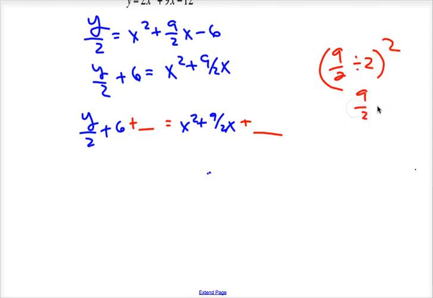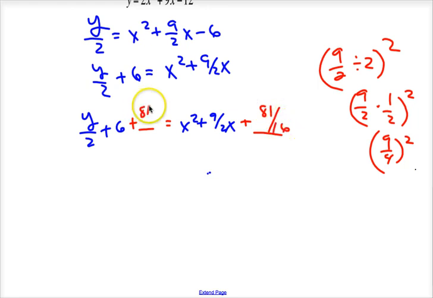That's 9 halves times a half, squared. So when you cut 9 halves in half, you get 9/4. Hope that makes sense. So I have a half, and I cut it in half, I get the fourths. So this would be 9/4 squared. And 9/4 squared is 81/16. Not nice. You can handle it though.